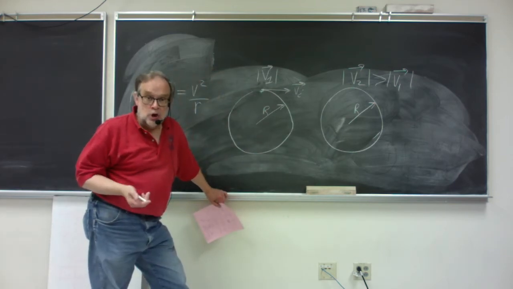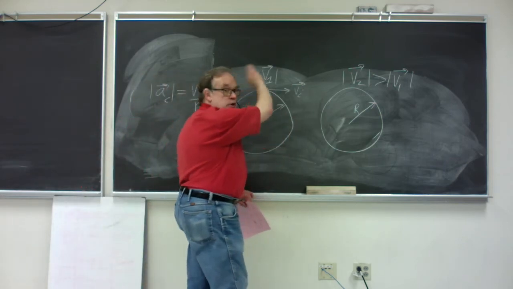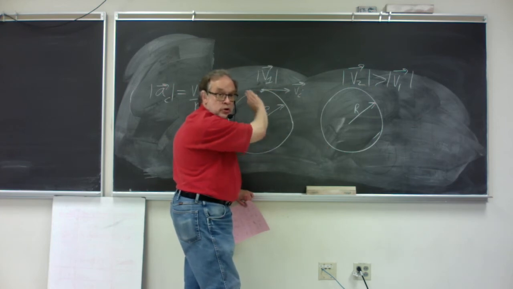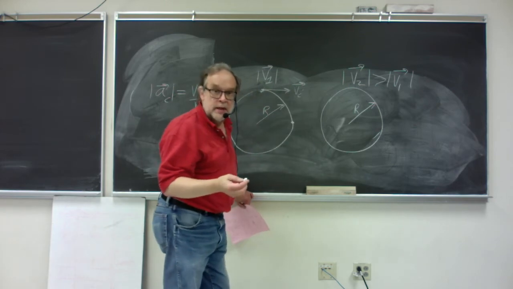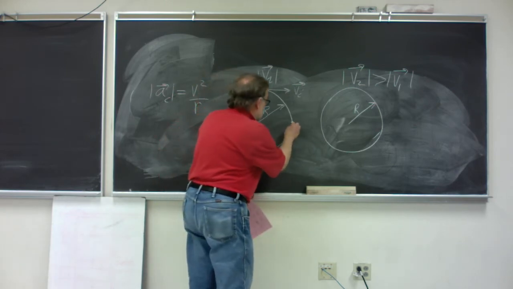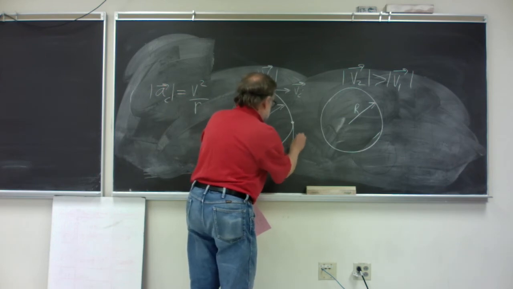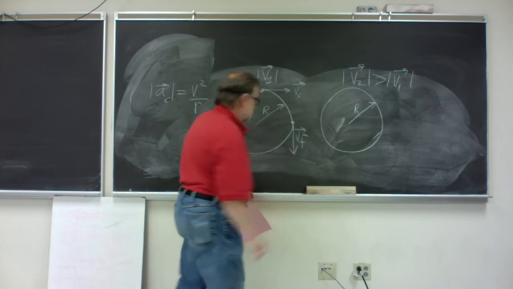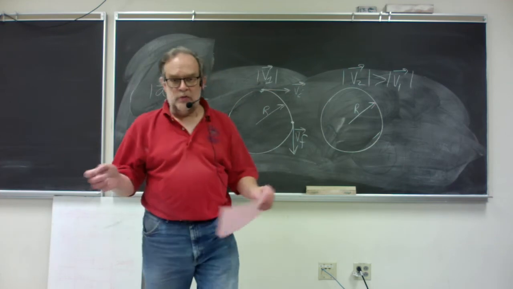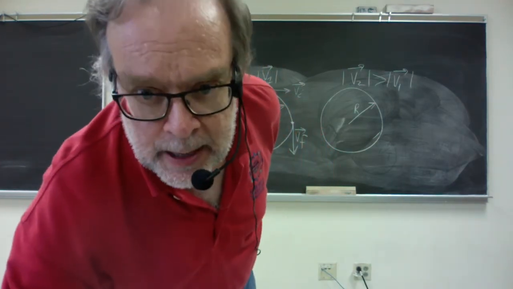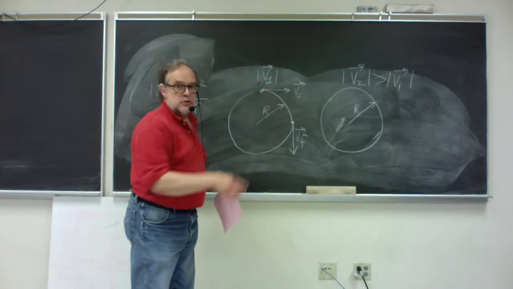And let's say we watch long enough so that by the end of our time interval, it's gone through 90 degrees. It's gone through 1/4 of this circle. So at the end of our observation, it's right there. So at that moment, the velocity points straight down. Final velocity is represented by an arrow like that. And I want those two arrows to be roughly the same length to indicate that the magnitude of those velocities did not change. The speed is the same all the way around the circle.